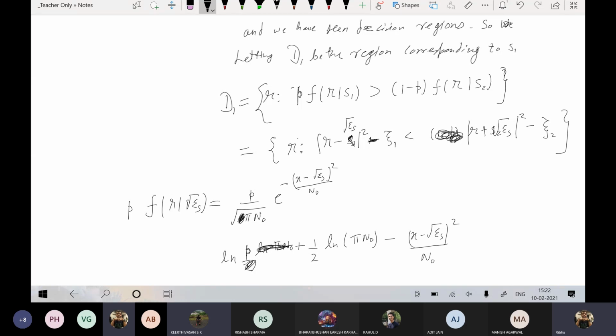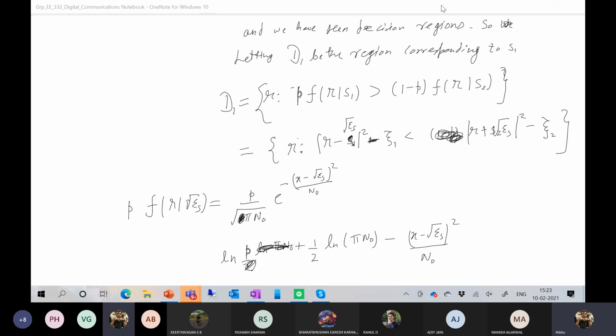We actually did that little trickery where we showed that passing this noise through a correlator is equivalent to passing it through a filter, and since filtering a Gaussian process results in a Gaussian process, and this is one sample of a Gaussian process, we need to resort to some tricks to prove this.